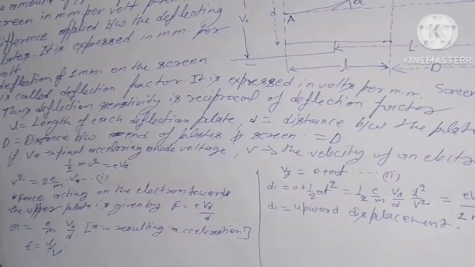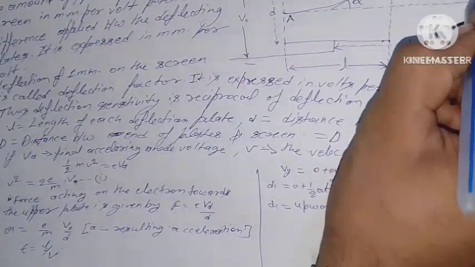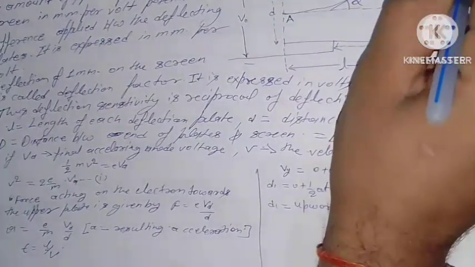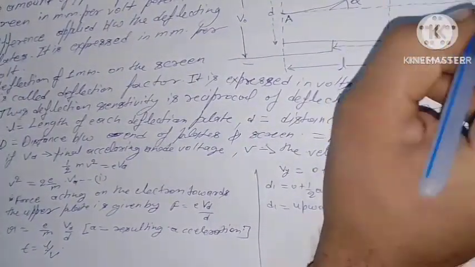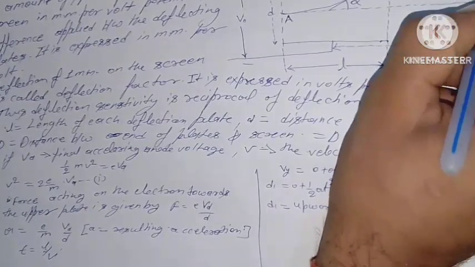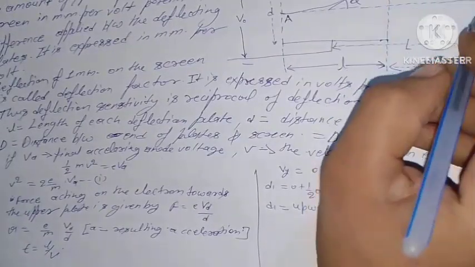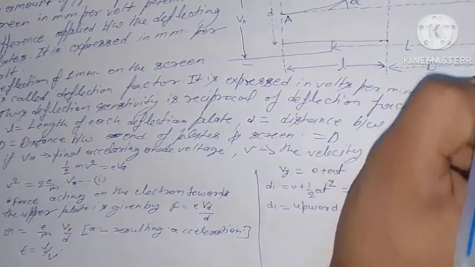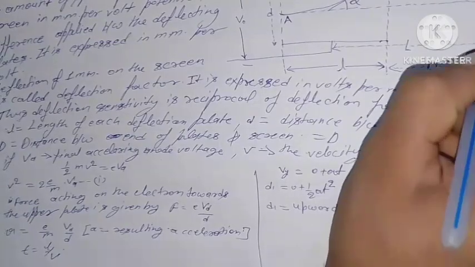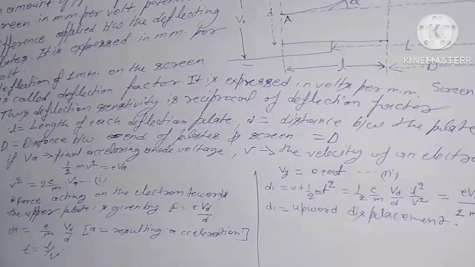This is y1, this is y2, and this is d2. This is d1, and this angle is alpha.